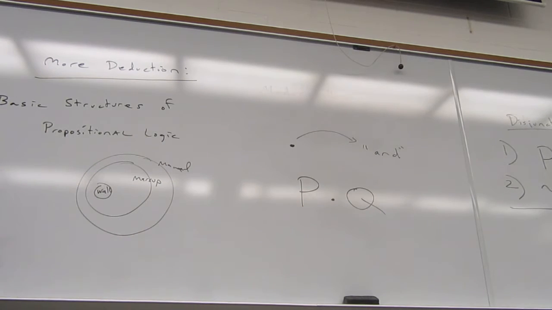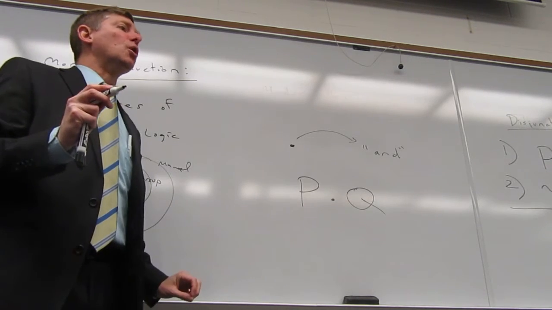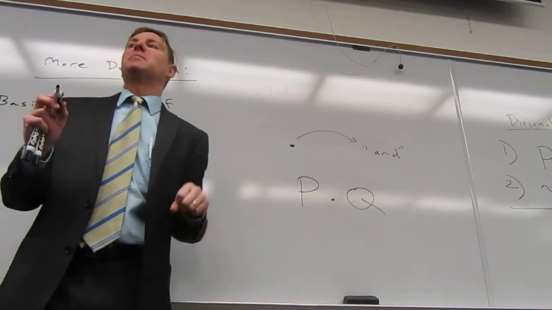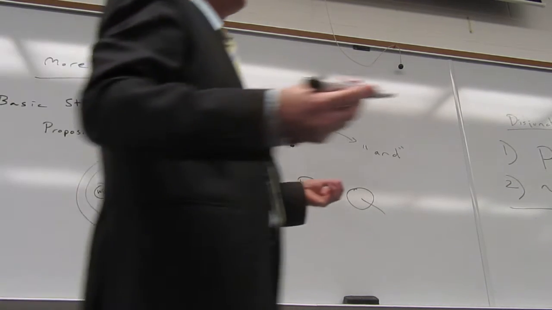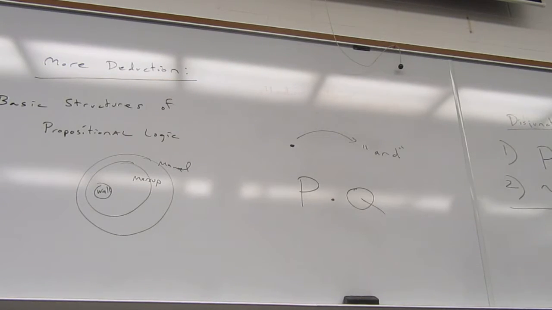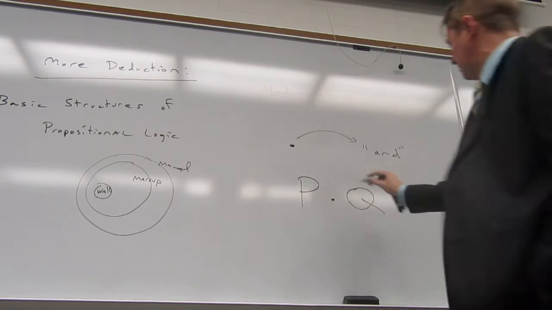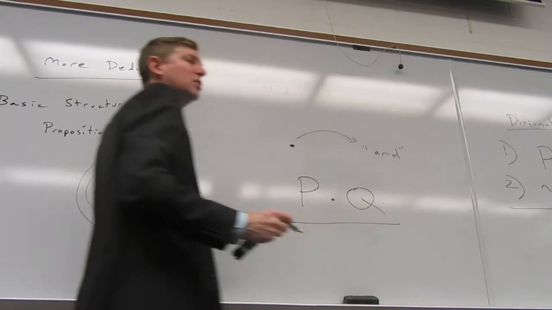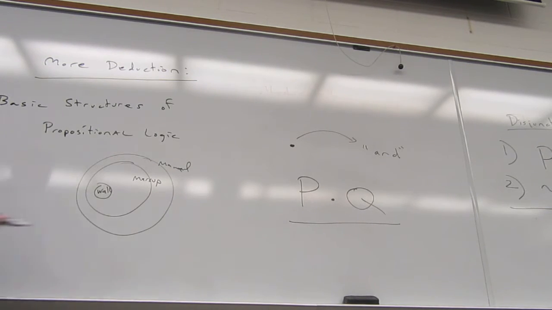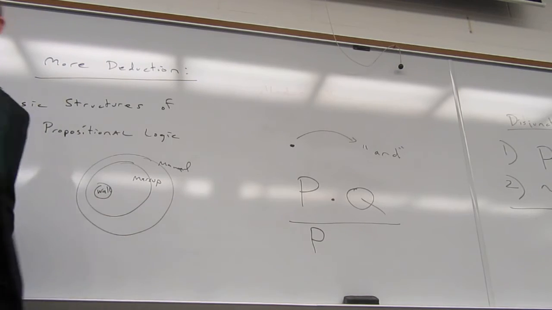If I make the statement P and Q, what that means is if this statement is true, both sides of the and have to be true. Now, folks, if this is a true statement, guess what I can deduce? Yes! I can deduce P on its own.